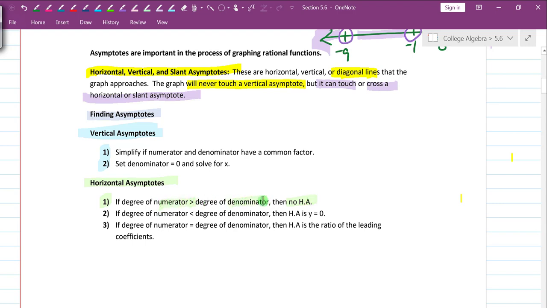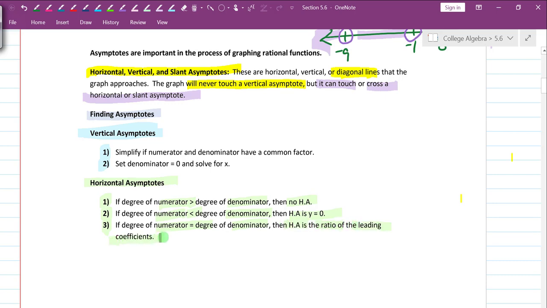If the degree of the numerator is less than the degree of the denominator, then our horizontal asymptote is the x-axis, y equals 0. If the degree of the numerator equals the degree of the denominator, then the horizontal asymptote is a ratio of the leading coefficients. So you have to be able to pull off those leading coefficients.